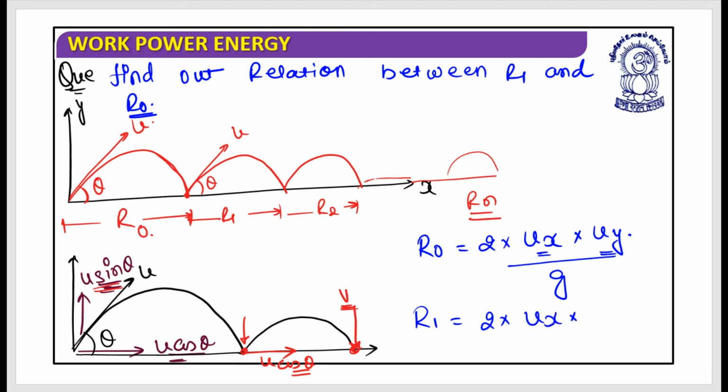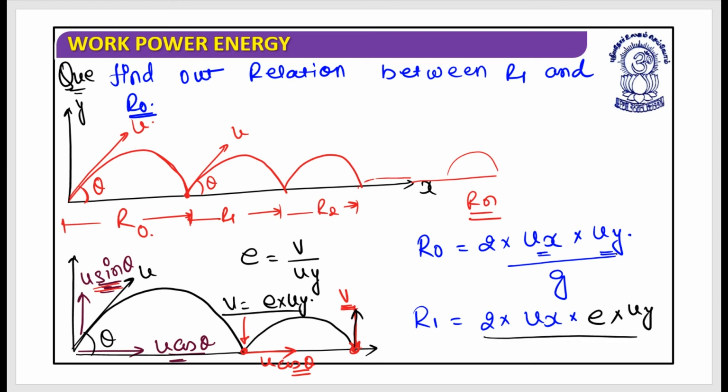So let's have a look. We have the coefficient of restitution. Please look at this very carefully. This is the velocity of separation divided by velocity of approach. It's uy. So this v can be written as e into uy. I hope this is clear. So this is e into uy divided by g.